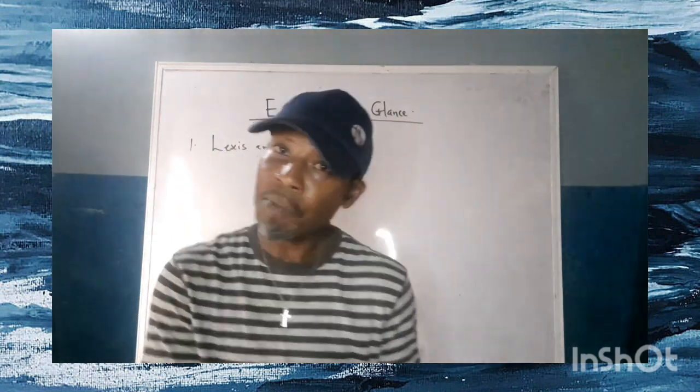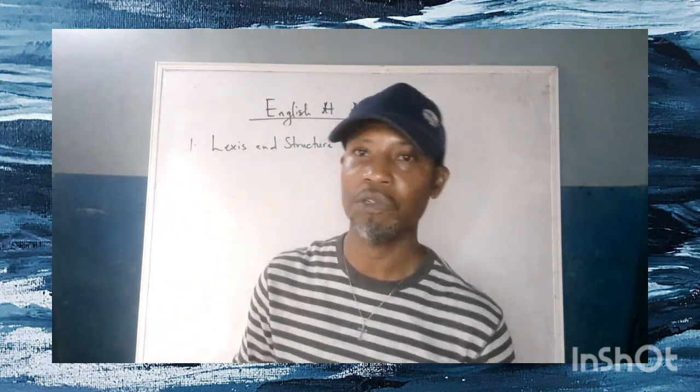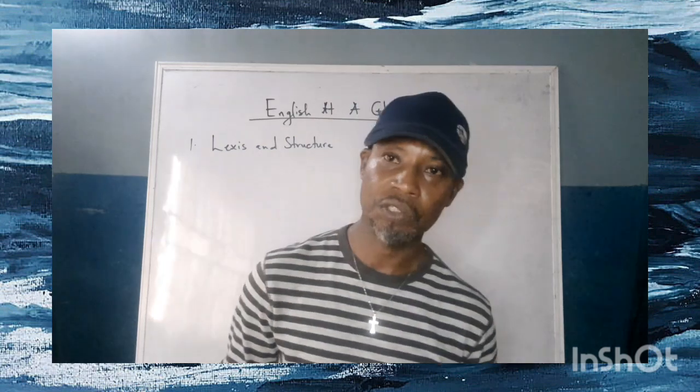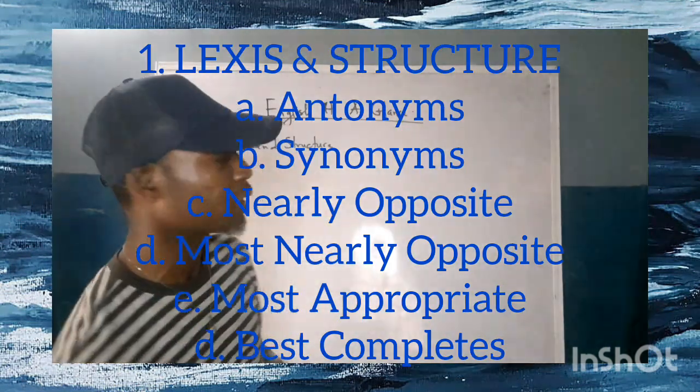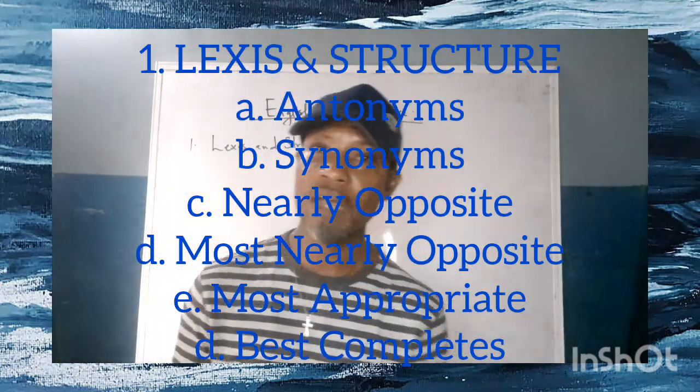When we talk about most appropriate, that means there are words in your answers that are appropriate. Some of them are more appropriate, but the instruction of the question tells you to pick among the words, letter A to D or A to E, the word that is most appropriate. At that same time, we're going to be looking at best complete. Remember, we have good, better, best. There are some words in the options you have that will be good for your answer.